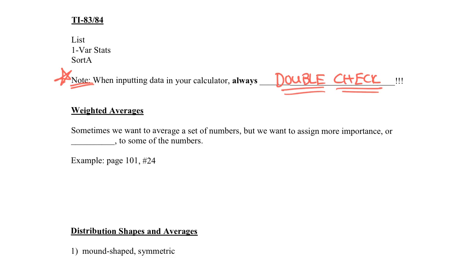But sometimes there'll be 6 or 7 answers to be listed, and every one of them is wrong. And almost always it's because somebody didn't double check. If you have bad data, you're going to get wrong answers every time. So it's really important to make sure you double check when you do this. I've got a video of how to use the calculator, so let's take a few minutes and take a look at this one.